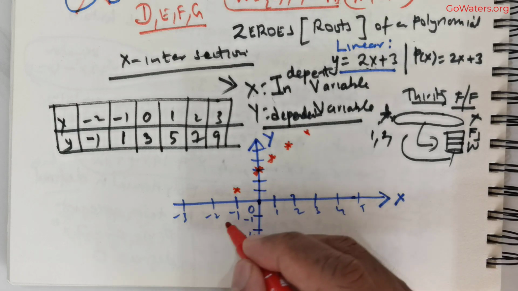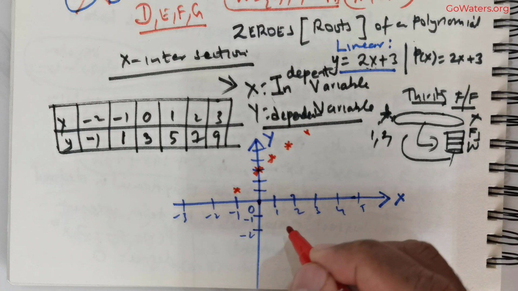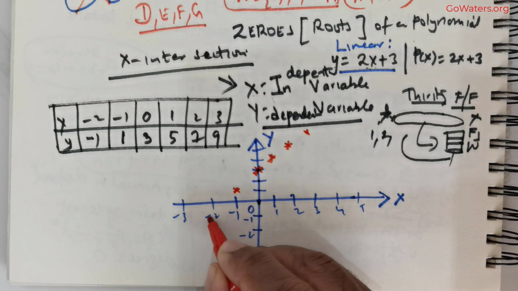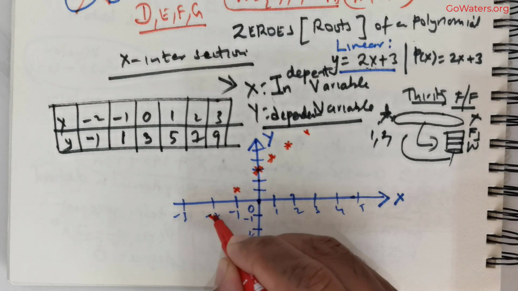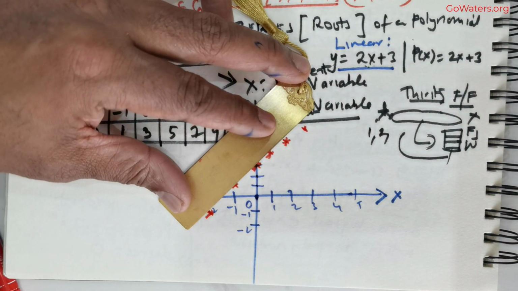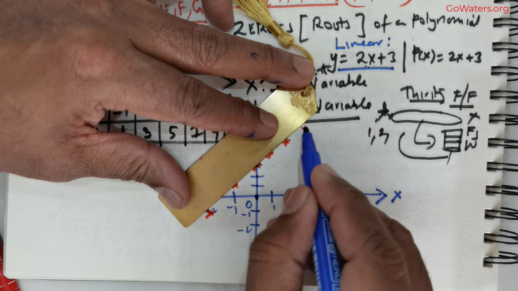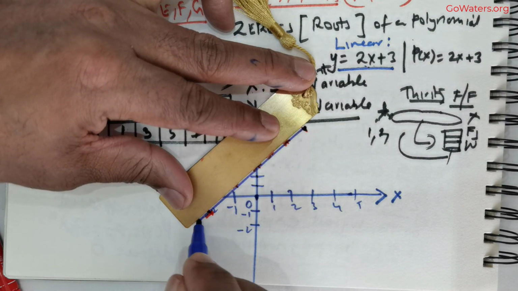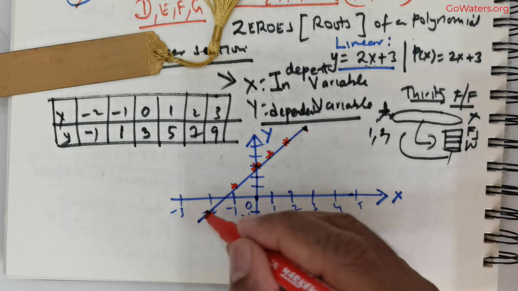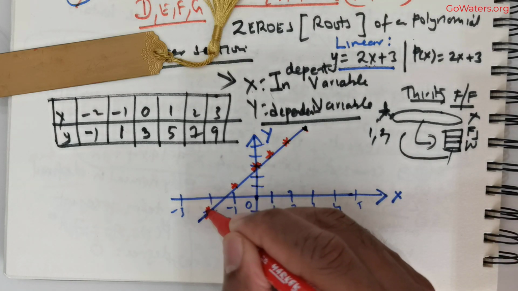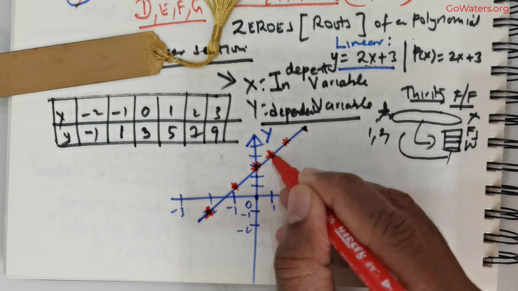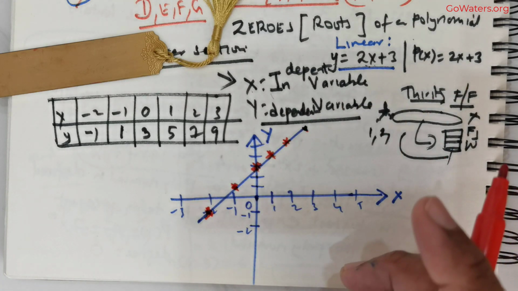When x is negative 2, y takes the value negative 1, so negative 1 is over here. Now let me draw the line. It's a straight line, so there is an intersection. So this is the intersection.